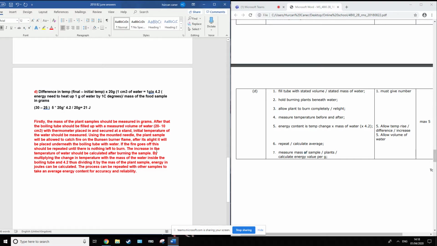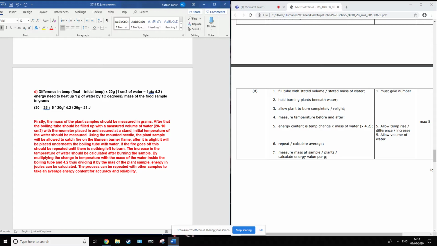After it is alight, it will be placed underneath the boiling tube with water. If the fire goes off, this should be repeated until there is nothing left to burn. The increase in the temperature of water should be calculated after burning the sample.